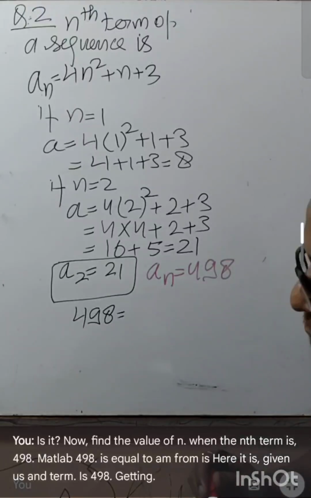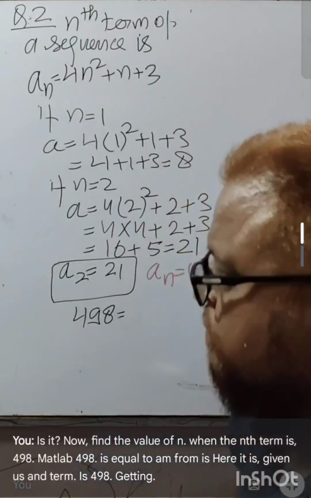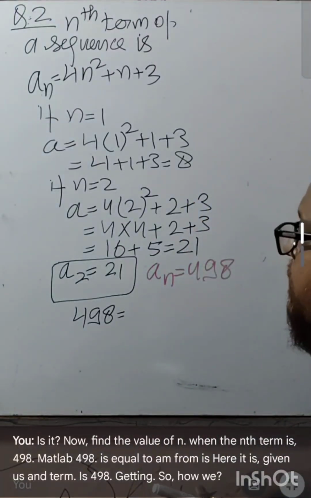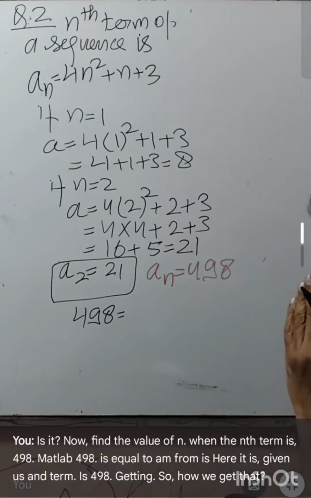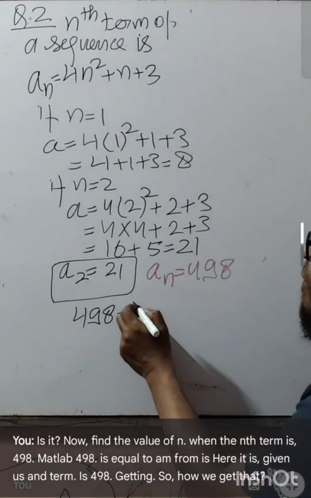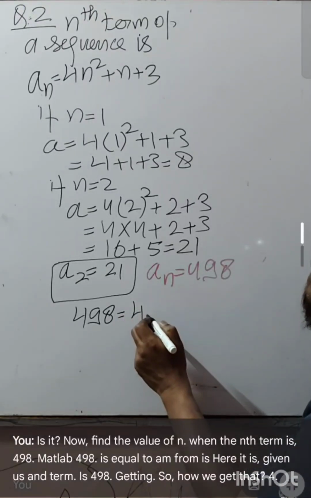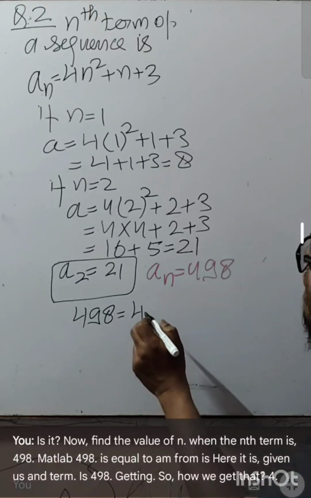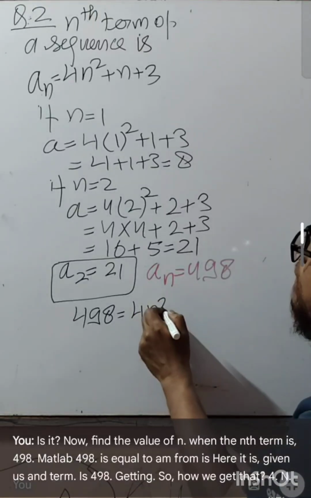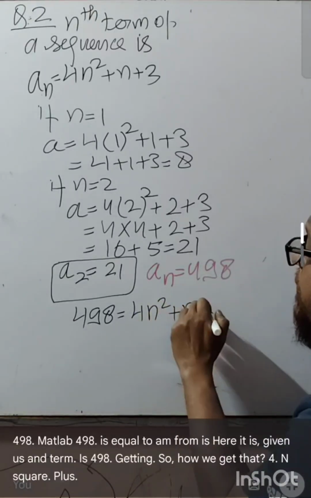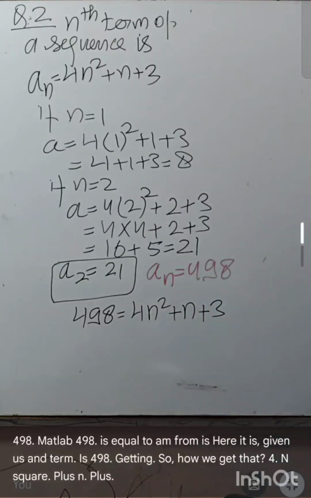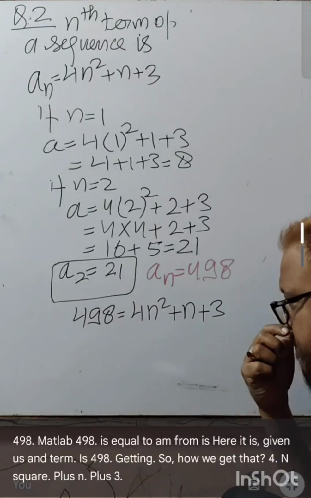Getting? So how we get that? 4n square plus n plus 3. Right?